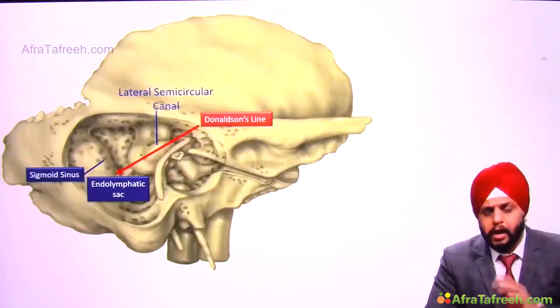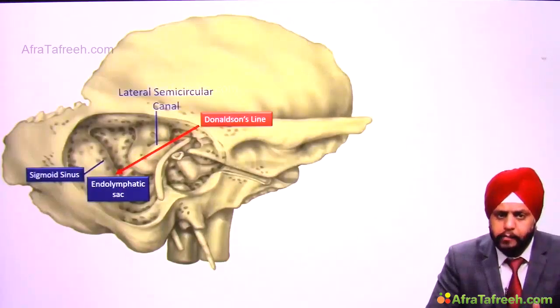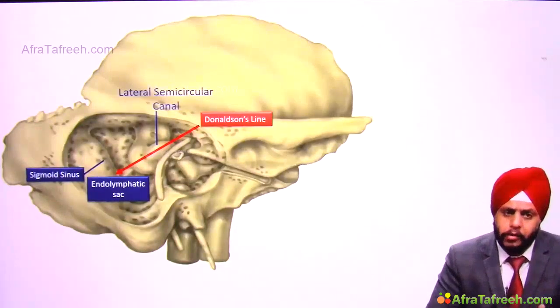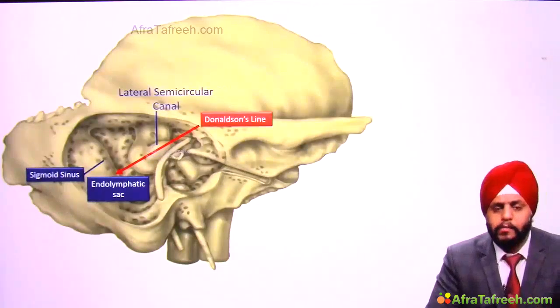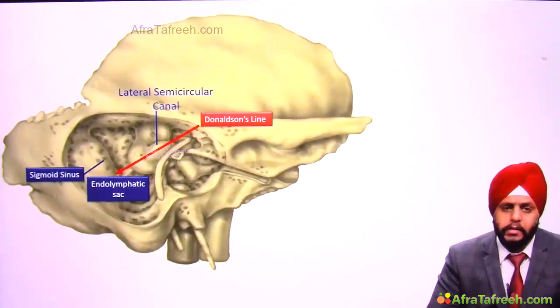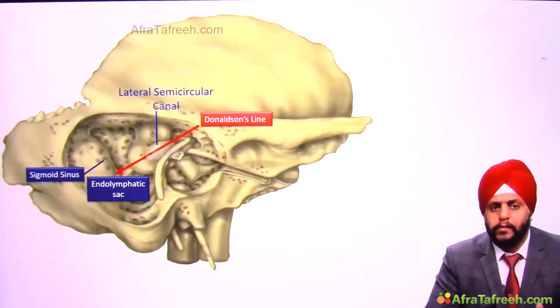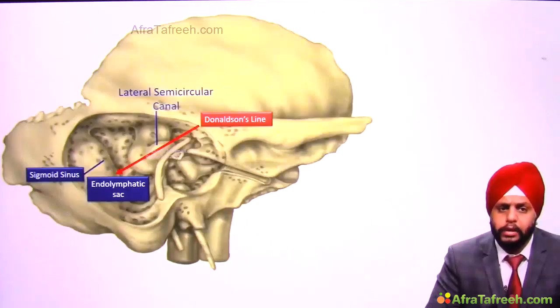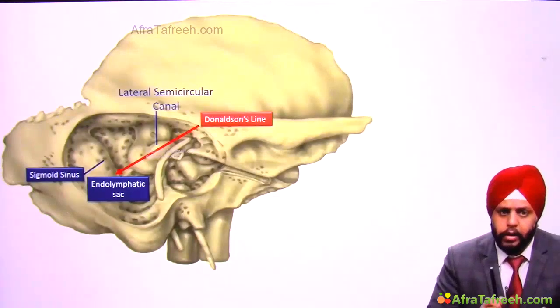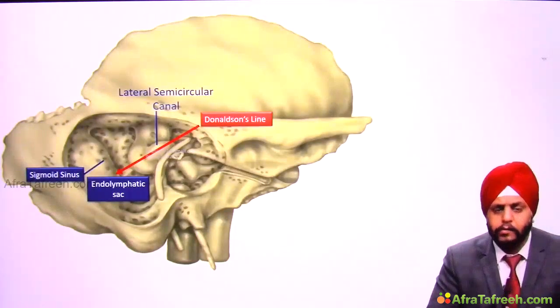It's situated behind the sinus plate, that means behind the posterior wall of the mastoid, just below Donaldson's line. So what is Donaldson's line? Line along the axis of the lateral semicircular canal, bisecting the posterior semicircular canal, and where it meets the sigmoid sinus, just below that we have the endolymphatic sac.